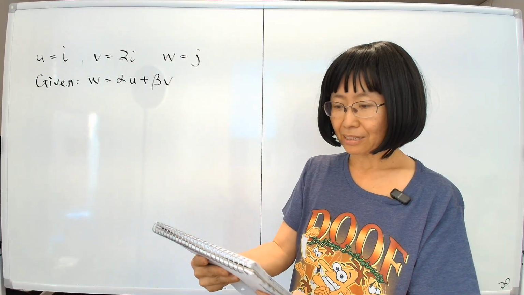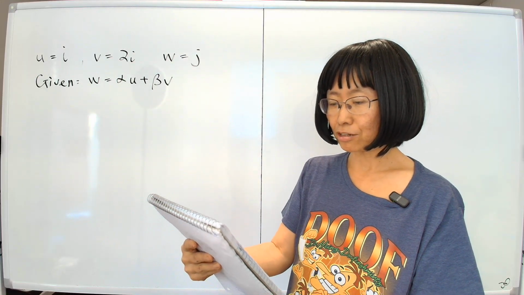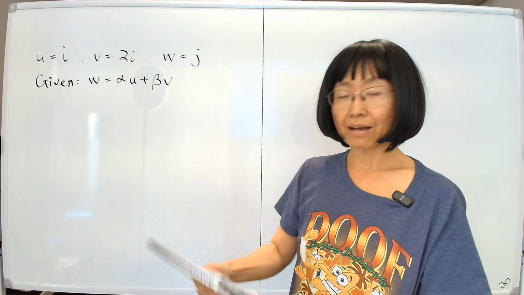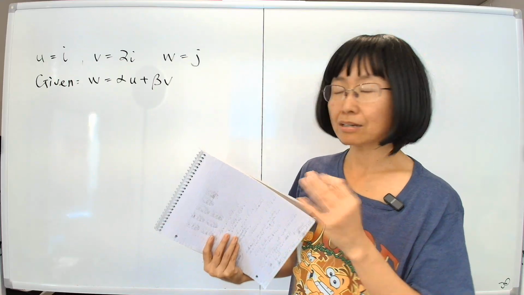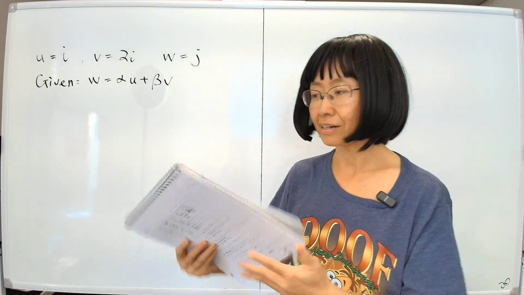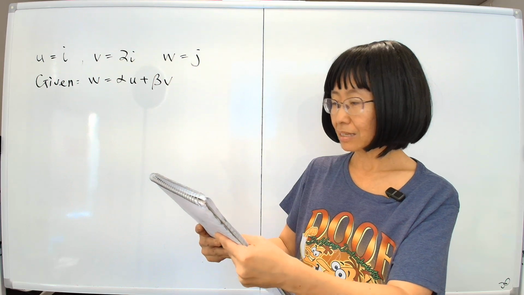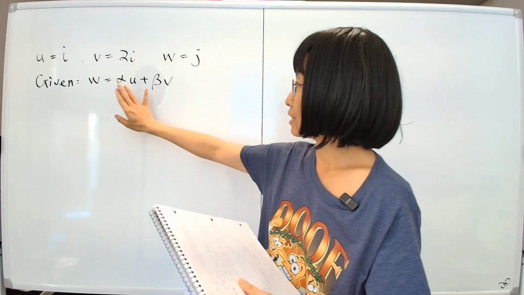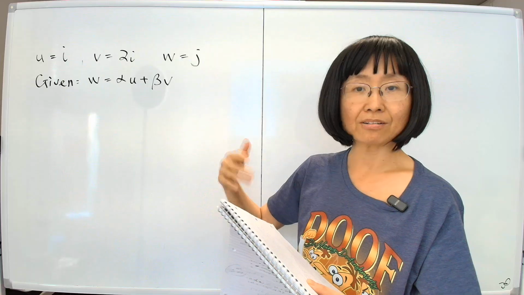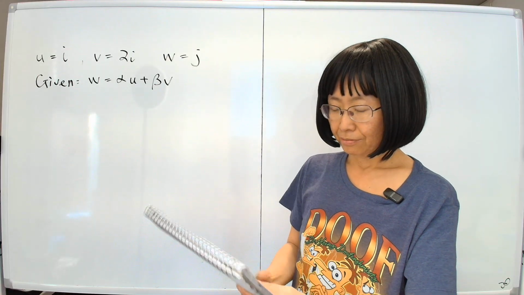Okay, so nothing's parallel, so this is coplanar. We have three vectors that are coplanar, and no two parallel, and we are going to prove that one vector is equal to the scalar sum of the other two.